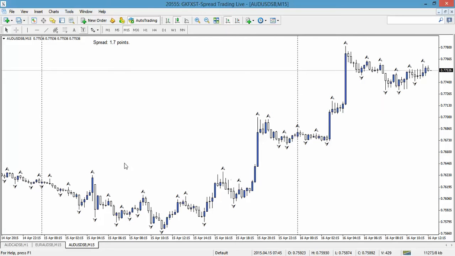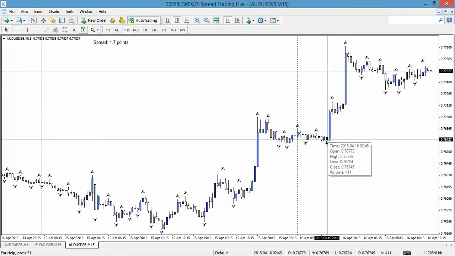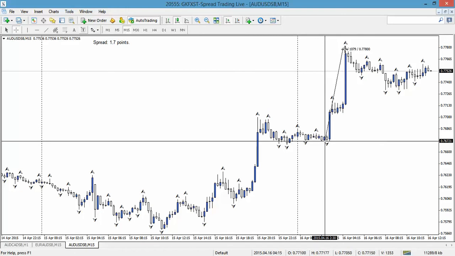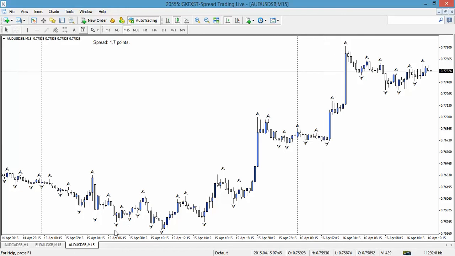Yesterday we had some pretty good employment data come through from Australia, and we saw a big dip up. I can guarantee that the majority of traders new to fundamentals would think, okay, we've had some good news on the Australian dollar, so I'll just take a buy on the Aussie dollar pair.